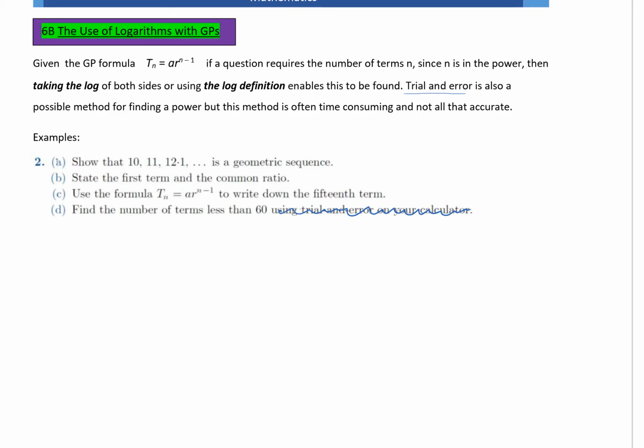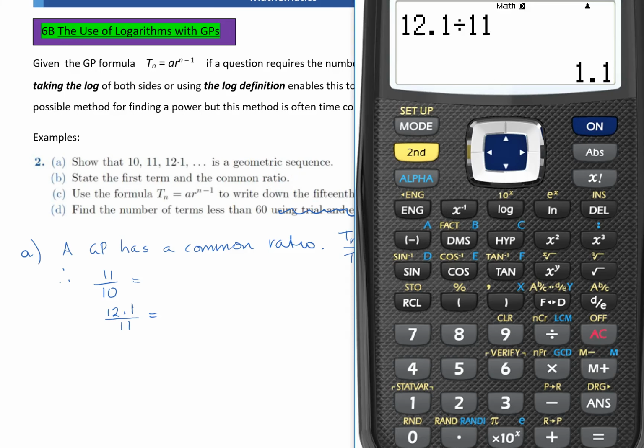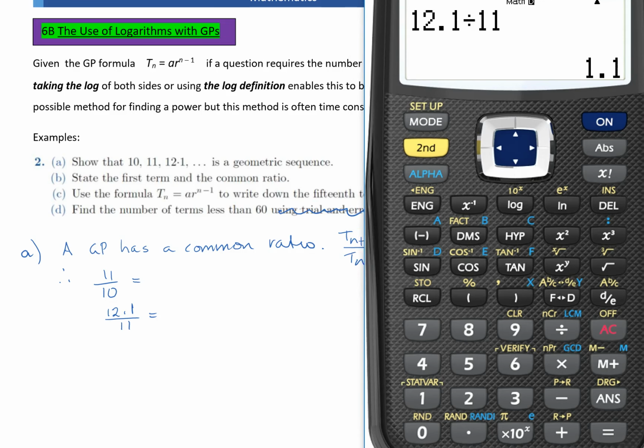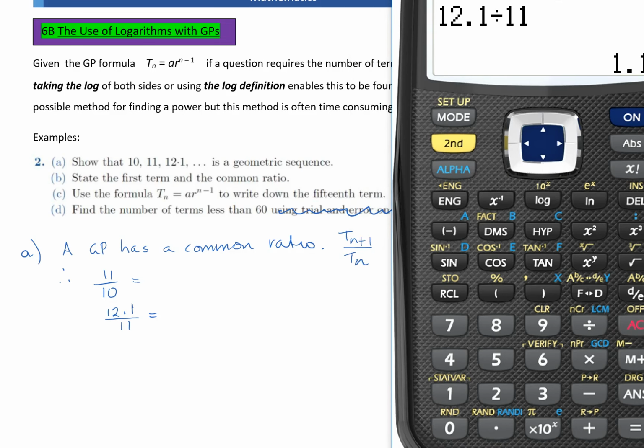So in this example, it says show that 10, 11, 12.1, etc. is a geometric sequence. We know that our GP has to have a common ratio, and the common ratio being t of n plus 1, the n plus 1th term over the term before that. So I've set up the second term over the first term.